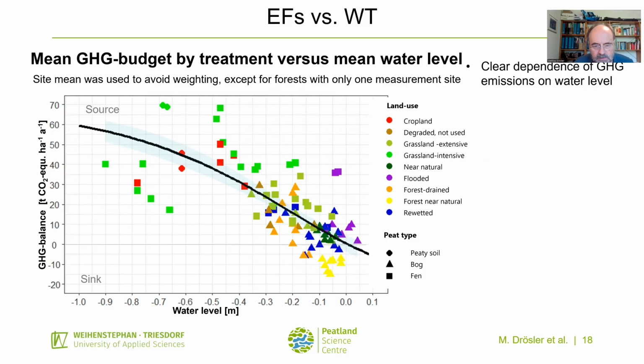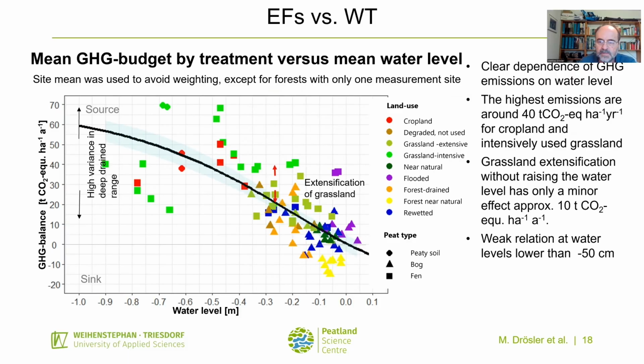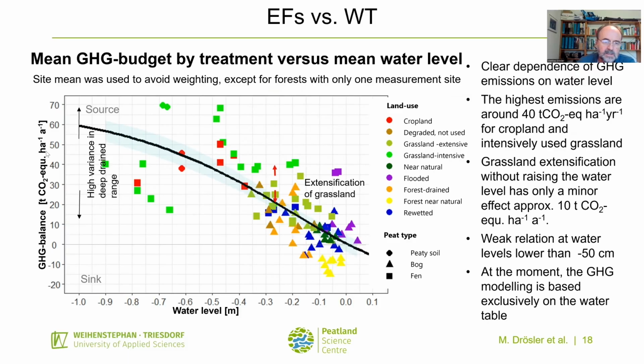What came out, and that is maybe the interesting topic now, is a bit of a difference from what we saw before: we have a regression graph which is not really fading out but is still increasing. There is a bit more uncertainty in the lower drained areas, below minus 50 centimeters.